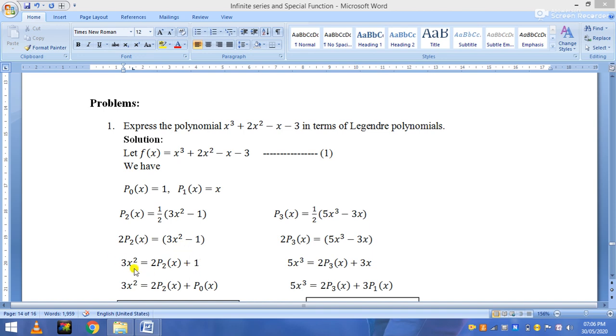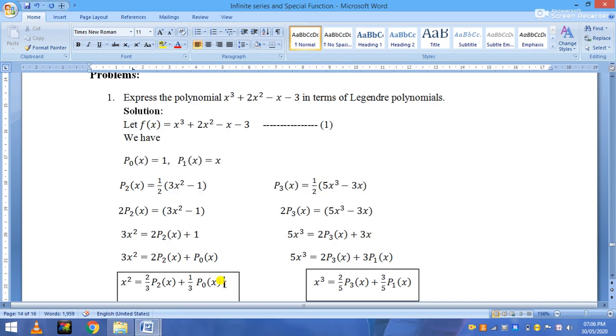Take minus 1 to this side, then 3x square is equal to 2 P2 of x, and the value of 1 is P0 of x. Therefore x square is equal to 2 by 3 into P2 of x plus 1 by 3 into P0 of x. So here x square is in terms of Legendre polynomial like this.